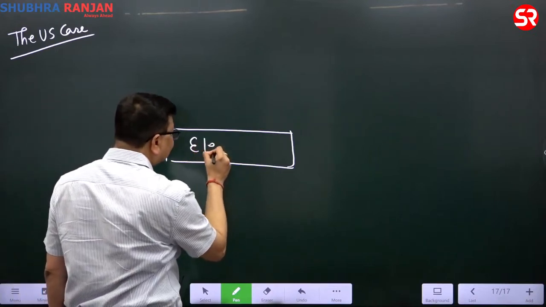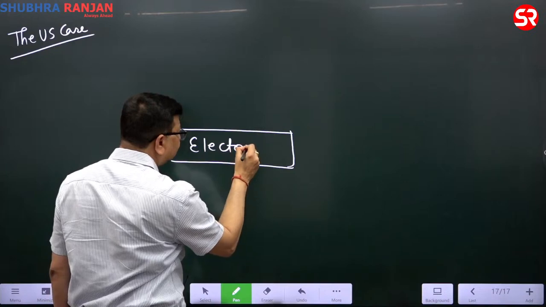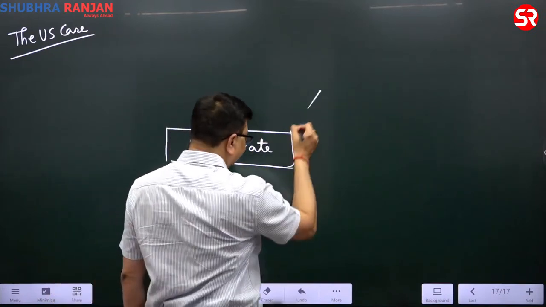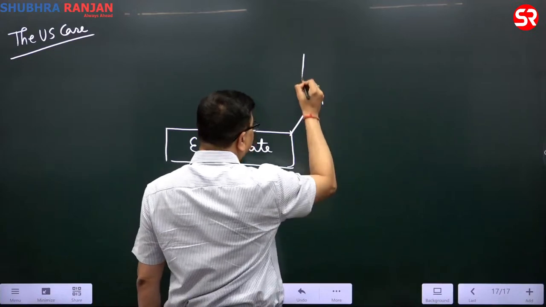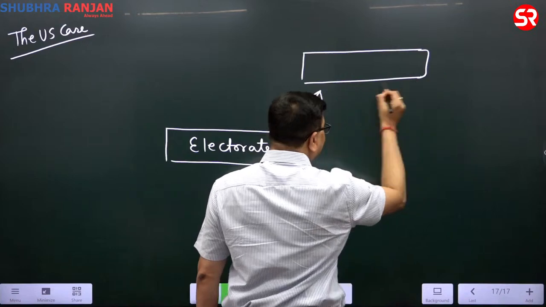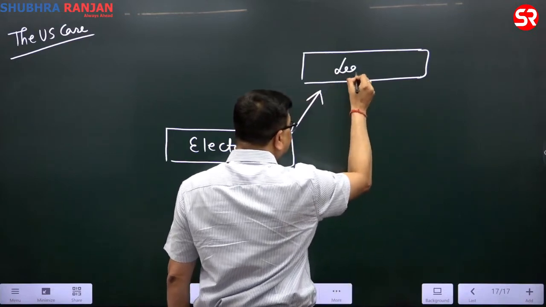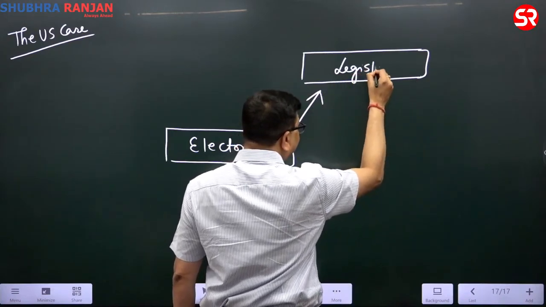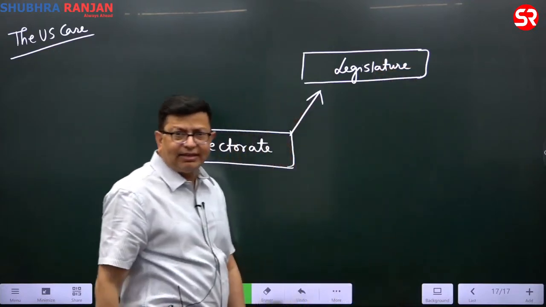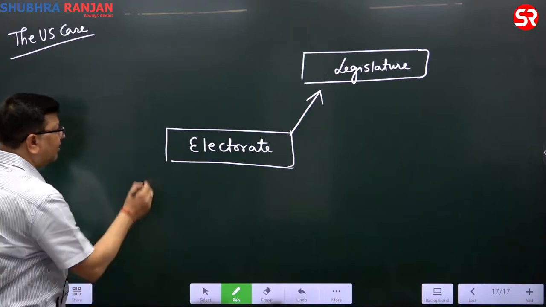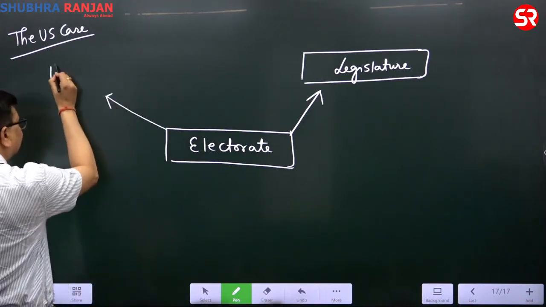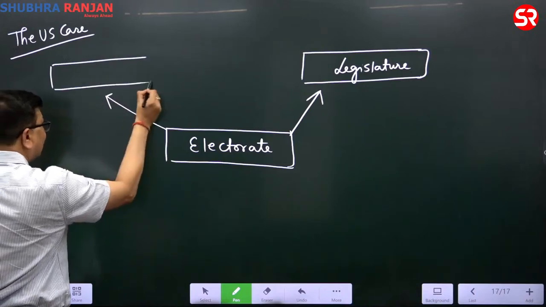In the US, the electorate elects the members of the legislature. And in a separate election, the US president is elected.